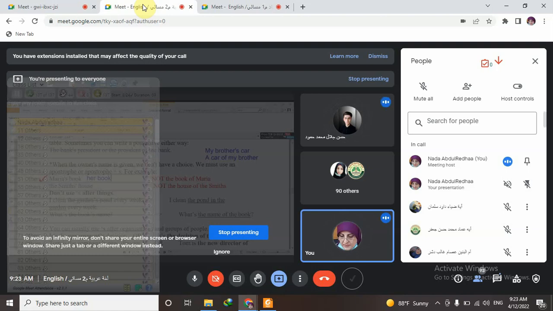You know why? Because you are adding a non-living thing to a living thing. The dog is living, the head is non-living. But if you have both of them non-living things, you cannot use the apostrophe.